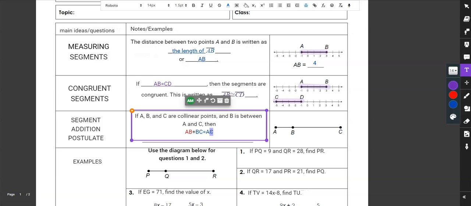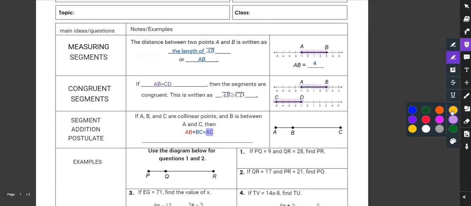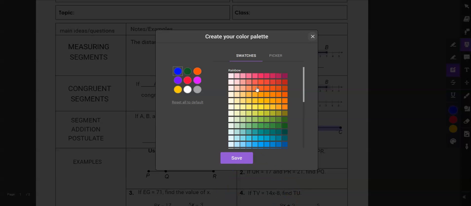If we look at the picture that we have here, I'm going to use my highlighter tool and highlight AB with red. And then we have BC. When I add these together, I get AC, the total length of the entire thing.